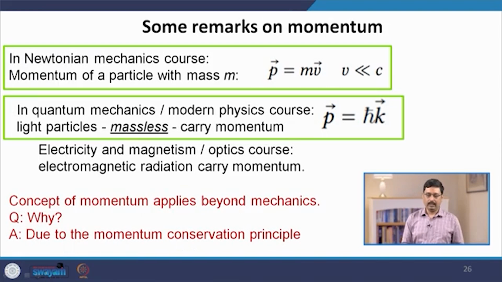Now, here I want to make some remark on momentum. I want to connect this course with some other courses such as quantum mechanics or electromagnetic theory that some of you may be taking simultaneously in your curriculum.